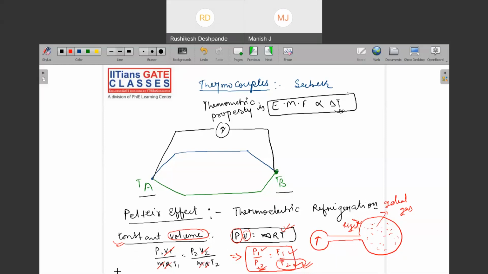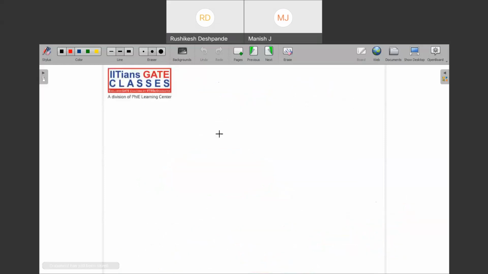So the thermometric property for constant volume thermometers is pressure.